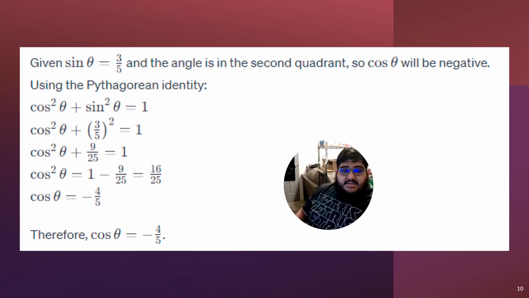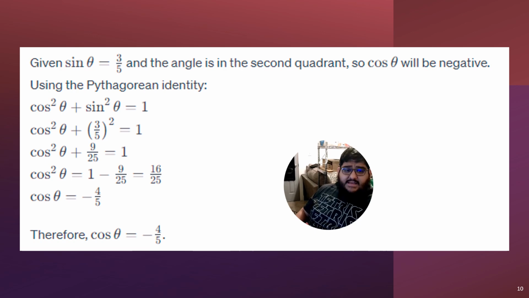Given sine theta is equal to 3 over 5, the angle is in the second quadrant, where sine is going to be positive. The cosine theta will be negative. Using the Pythagorean identity, we have cosine squared theta plus sine squared theta is equal to 1.